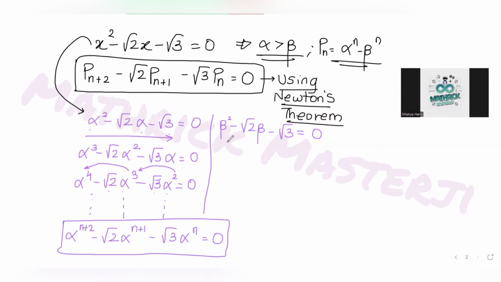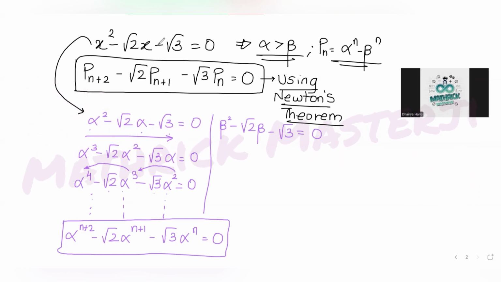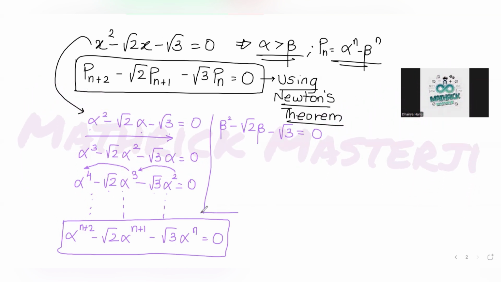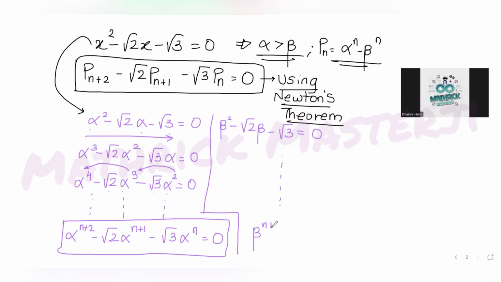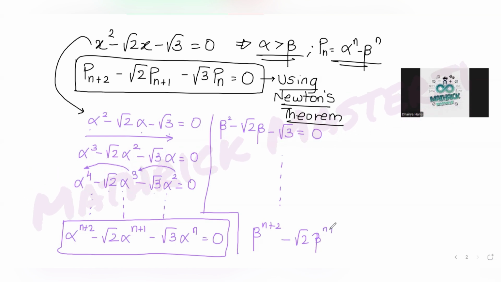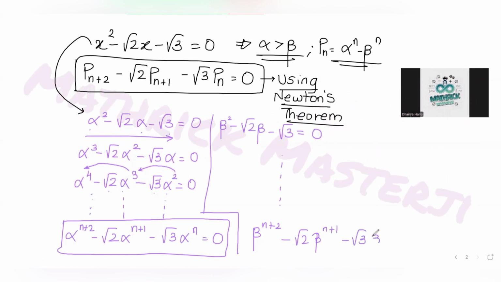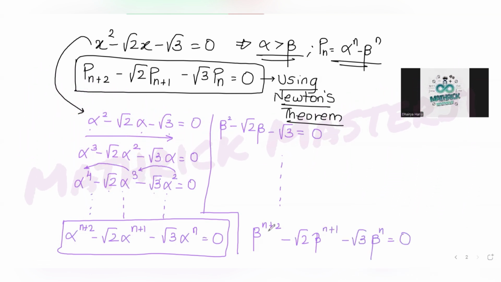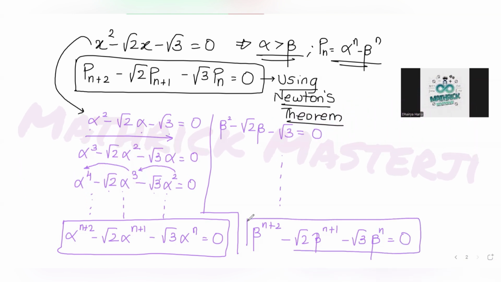Similarly, I have the same thing for beta, because beta is also the root of the same quadratic. So beta also generalizes as beta raised to n plus 2 minus root 2 times beta raised to n plus 1 minus root 3 times beta raised to n is equals to 0. I have these two expressions with me now.